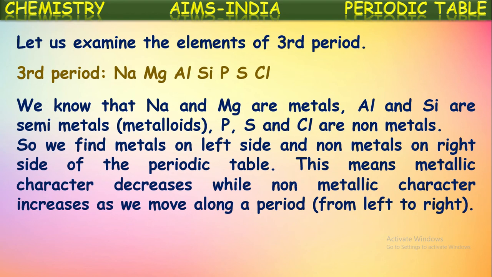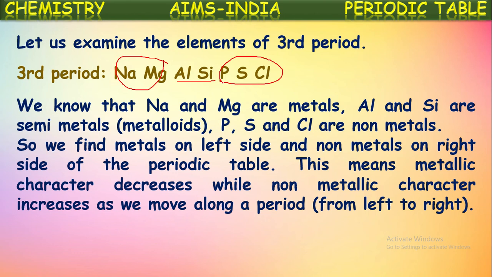Now, we know that sodium and magnesium are metals, isn't it? So in this third period, these two are metals. Even aluminum comes under metals, but it shows some non-metallic properties also, so that's why it is considered here semi-metallic. And we know these three, phosphorus, sulfur, chlorine, are non-metals. So we find metals on the left side and non-metals on the right side of the periodic table.